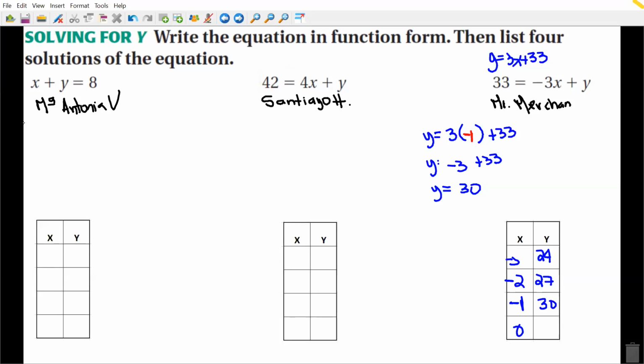And finally, you're going to be replacing it by a 0. And guys, every time you replace by the number 0, the answer is going to be the b. y equals b. You know why? Because any number times 0 will always be 0. So here you have 33. Okay?